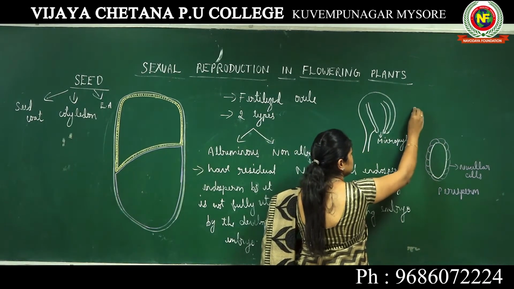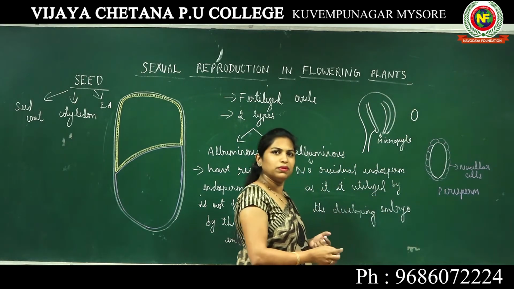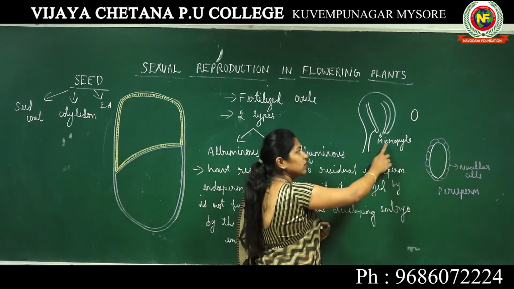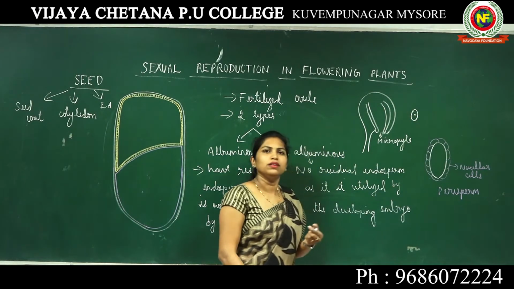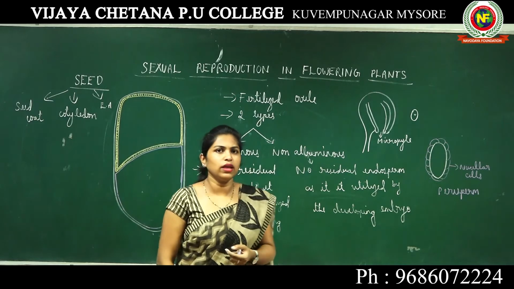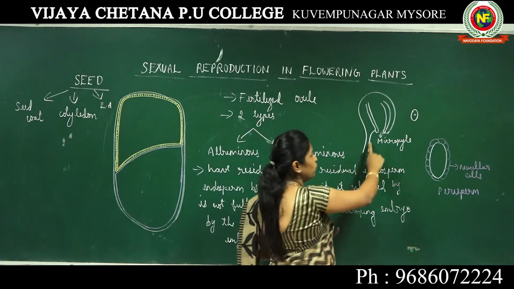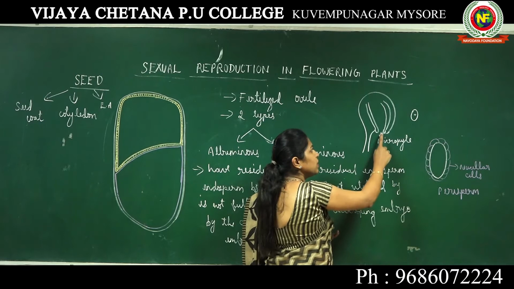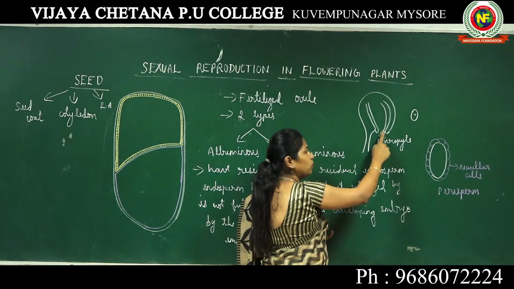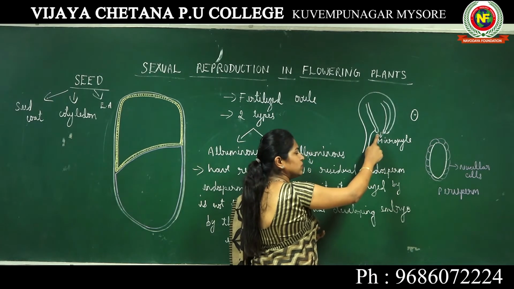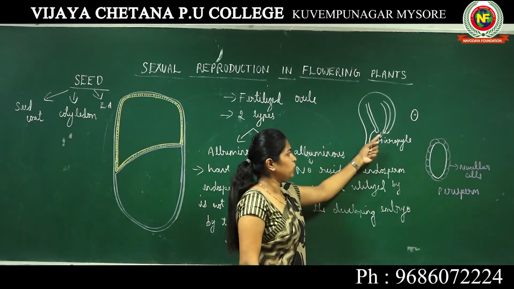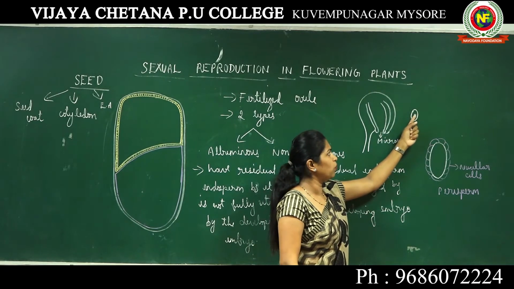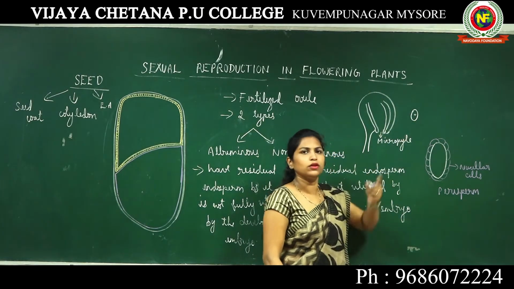Imagine this is a seed. What happens is the micropyle converts into a small pore in the seed coat. So when the ovule develops into a seed, the micropyle, a small opening towards the micropylar end, develops into a small pore present on the seed coat.